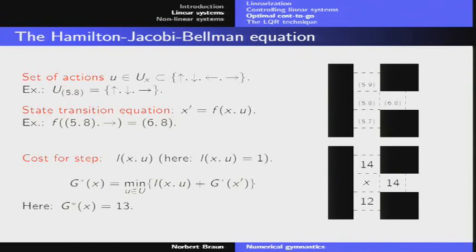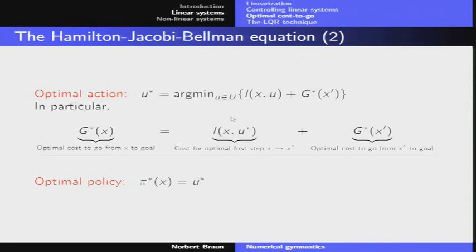Or we could go down and have 12 further steps to go to the goal. Now if that's supposed to be the optimal cost to go, then it better be 13. So it has to be the minimum over all possible actions of the cost of taking that step, plus the optimal cost to go from where we end up.